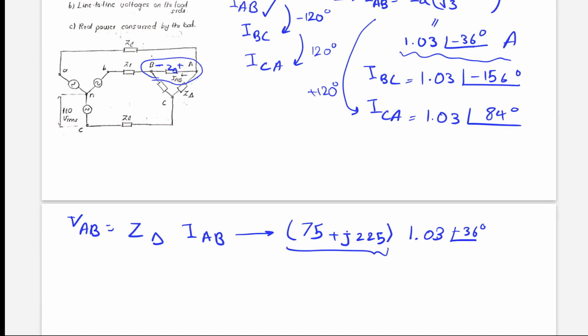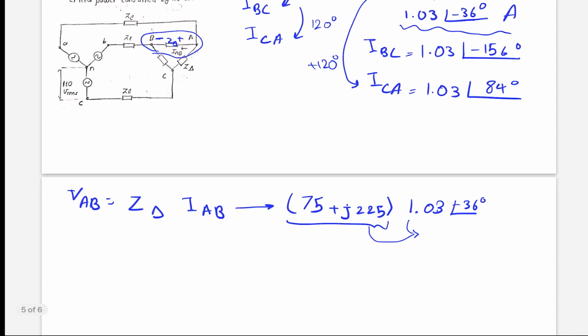And this is also given in rectangular form. You need to convert it to polar form. Then we can multiply the magnitudes and add the phases. And then we will get 244 with the phase of 35 degrees volts.